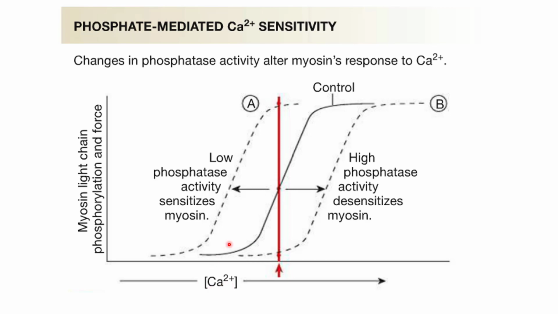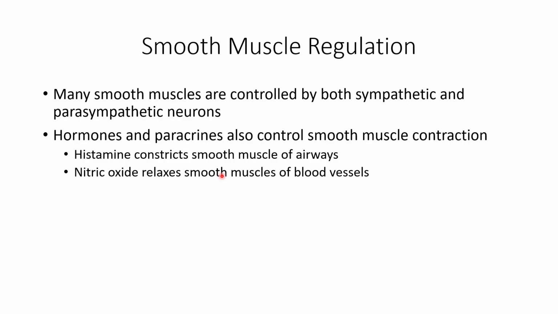Likewise, if there's a lot of calcium present in the cell, we can desensitize the myosin to be less sensitive to myosin light chain kinase and myosin light chain phosphatase, and we can adjust in that manner. So this is an ability of the smooth muscle cell to become either desensitized, in this case, to intracellular calcium, or hypersensitized to calcium, depending on the needs of that cell.